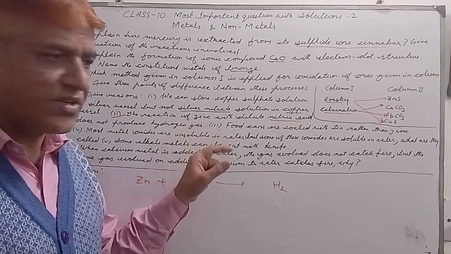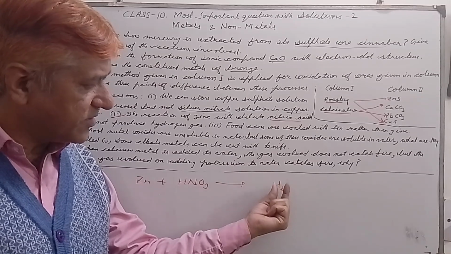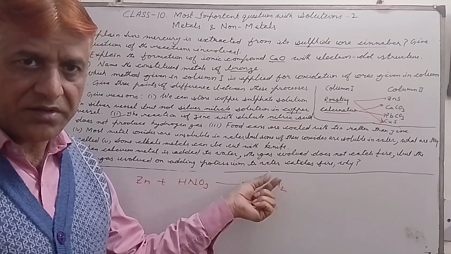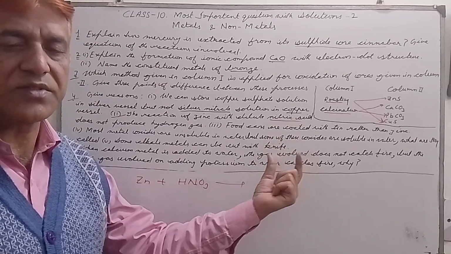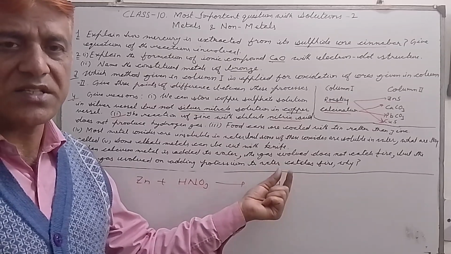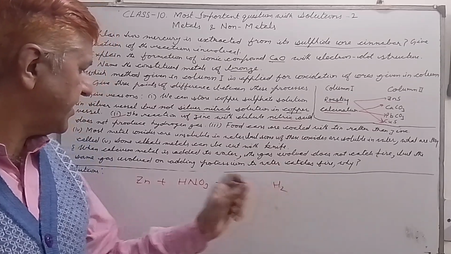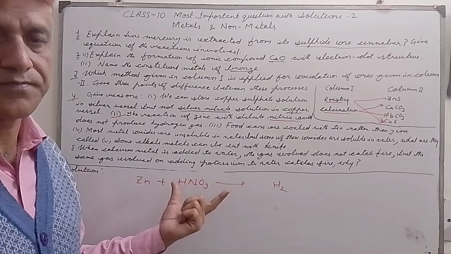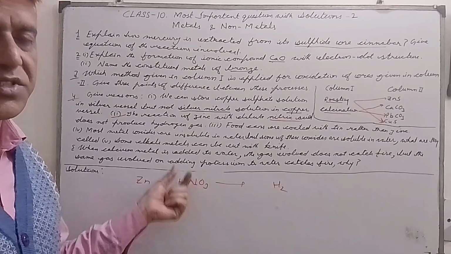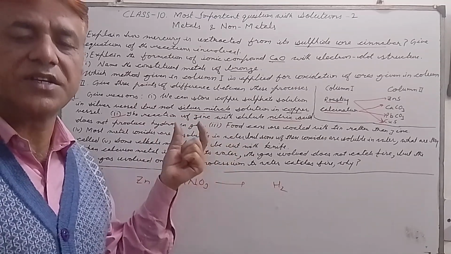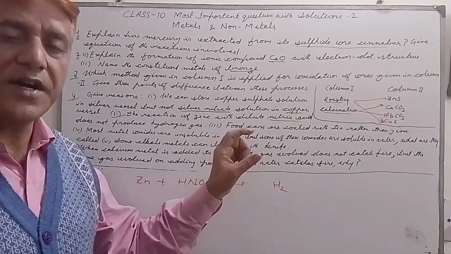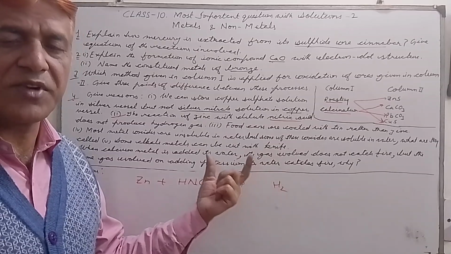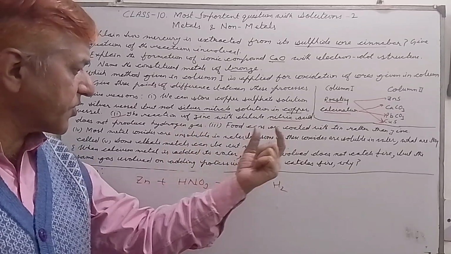So that oxygen combines with that hydrogen to form water. So hydrogen gas is not produced here when zinc reacts with nitric acid, because nitric acid is an oxidizing agent. It will give oxygen, and the hydrogen produced in the chemical reaction will combine with oxygen to produce water.